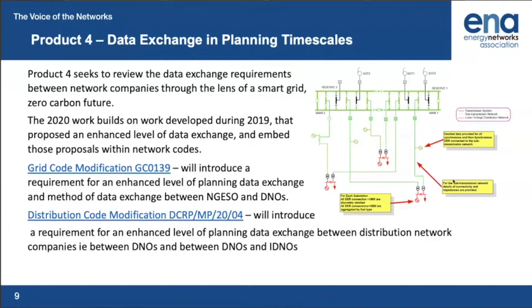It was felt that thermal and fault level are probably the key ones. It would be good to show voltage, but that's probably a step too far at this stage, and it might be something that can get added in later. Really, I think that is the answer to that.